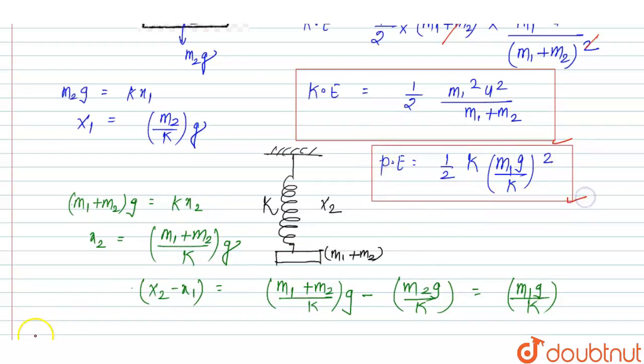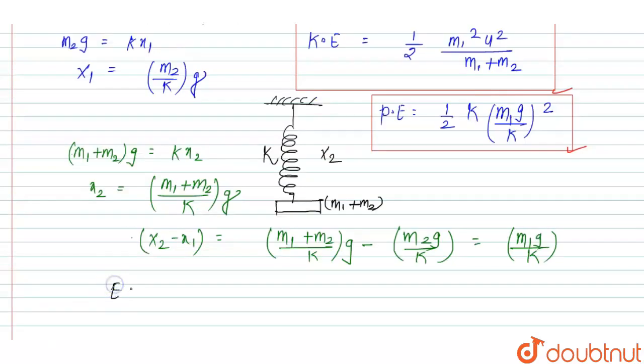Then the energy of the oscillation is kinetic energy plus potential energy. The kinetic energy is half into m1 square u square upon m1 plus m2, plus the potential energy, half of k into m1 square g square upon k square.